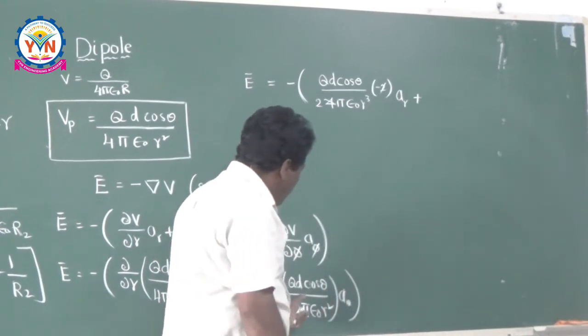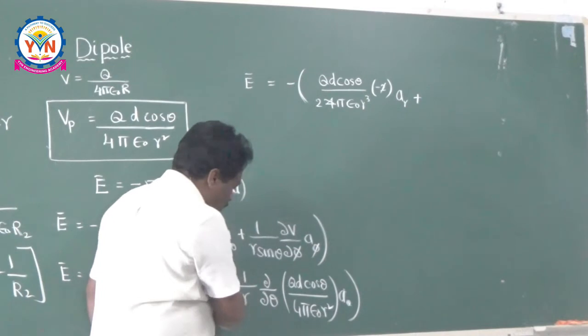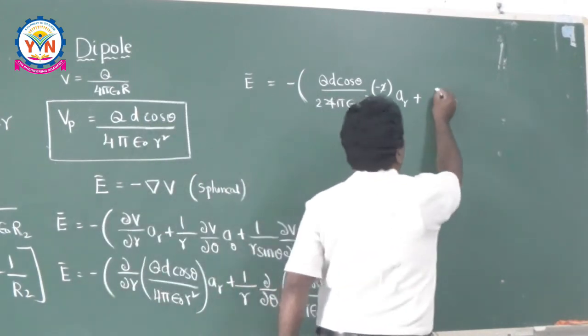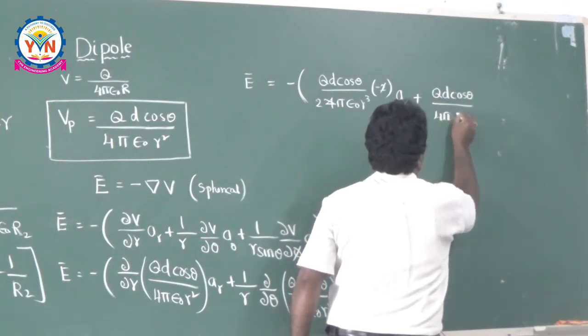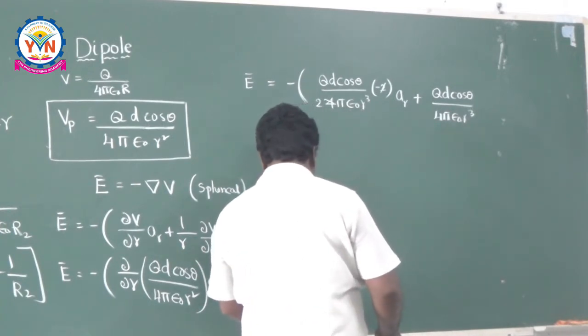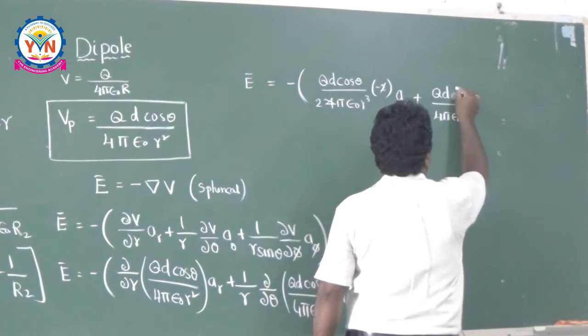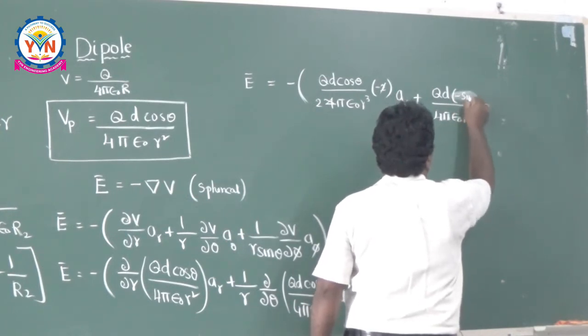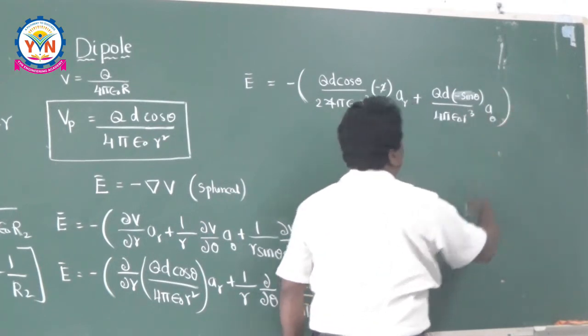And dou by dou theta of this thing is QD by 4 pi epsilon naught R square into 1 by R. So it is also QD cos theta by 4 pi epsilon naught into R cube into, see, the derivative of cos theta is minus sin theta. This is minus sin theta into A theta.